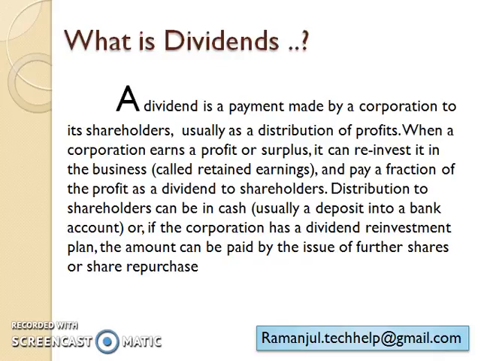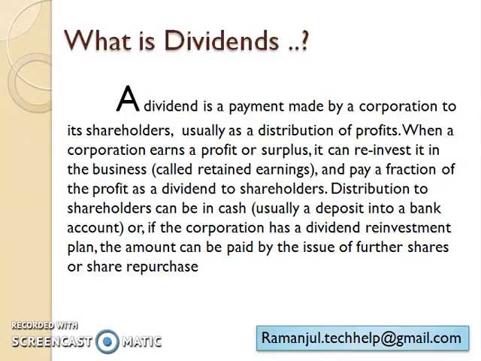Here we will see what a dividend is. A dividend is a payment made by a corporation to its shareholders. I mean, a company pays to the shareholders, usually as a distribution of profits. When a corporation earns a profit or surplus amount, it can reinvest in the business, called retained earnings, and pay a fraction of the profit as a dividend to shareholders.